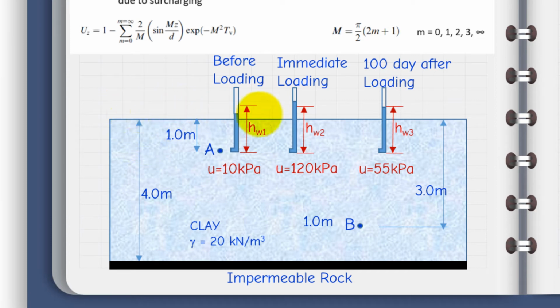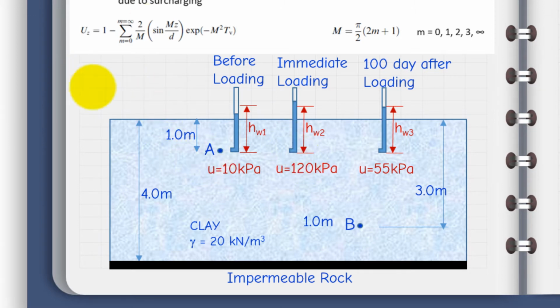So before applying any surcharge on top of the ground surface, a piezometer is inserted here. And remember, a piezometer is something that can measure pore water pressure, basically. So before anything, the measurement gave 10 kPa at this point, and then there was a surcharge.